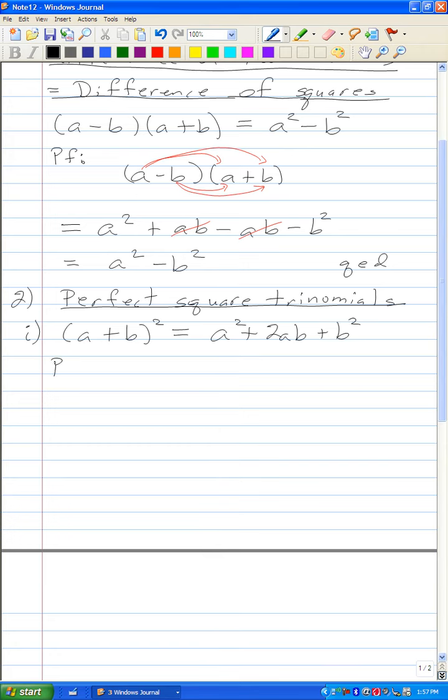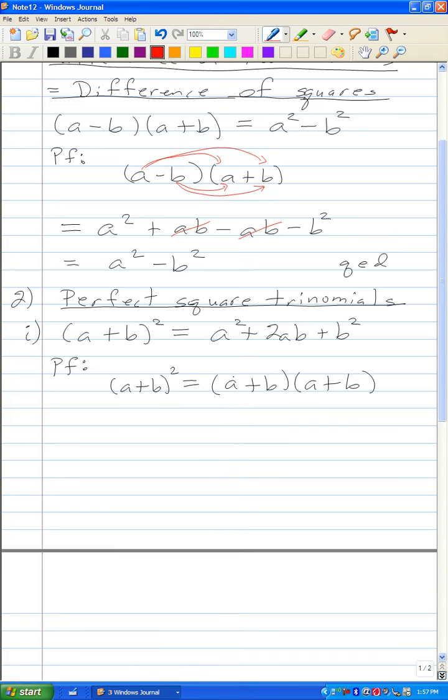So let's prove that. A plus B squared is A plus B times A plus B.